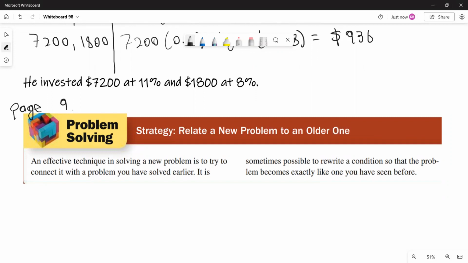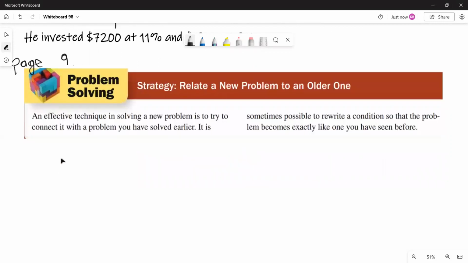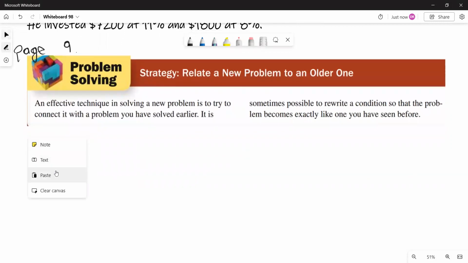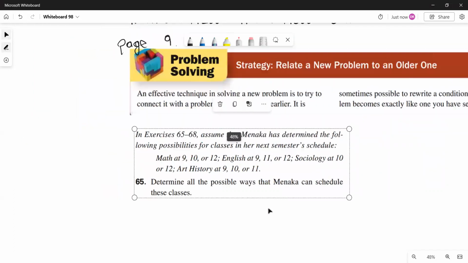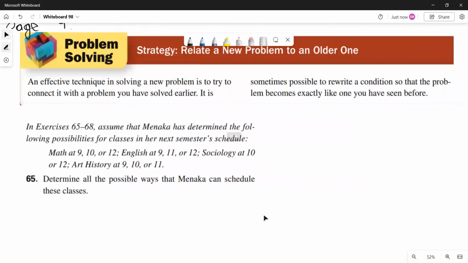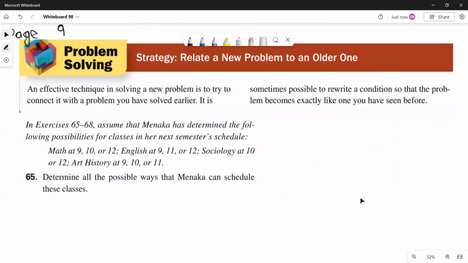So I'll copy the next problem. That's number 65. Okay, so assume that Menaka has determined the following possibilities for classes for her next semester schedule.